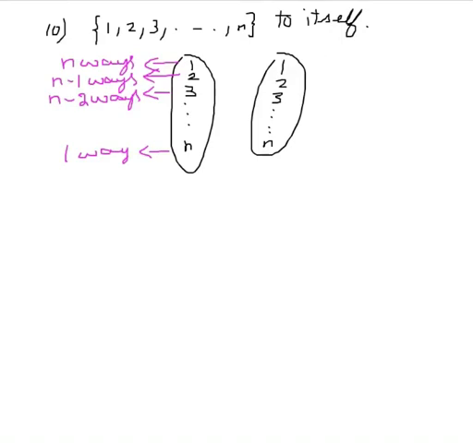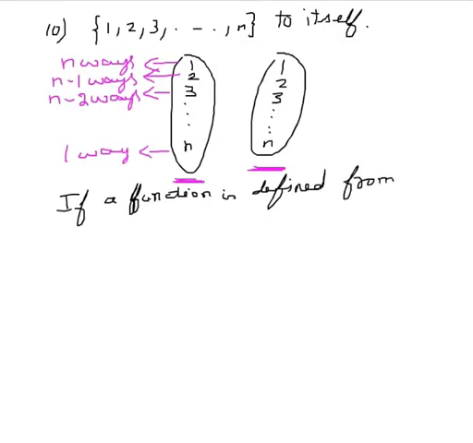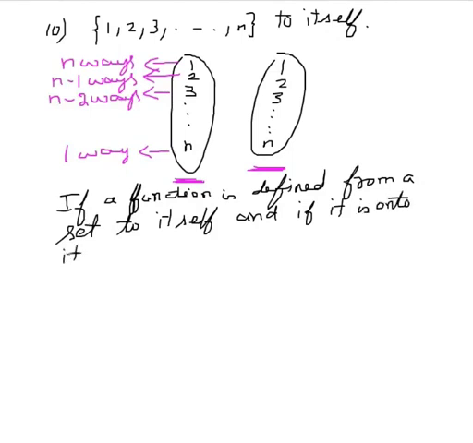If a function is defined from a set to itself, and if it is onto, it has to be 1-1.